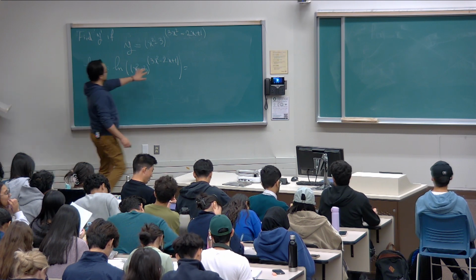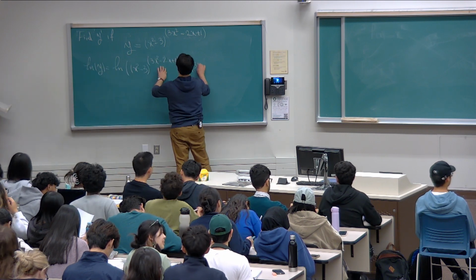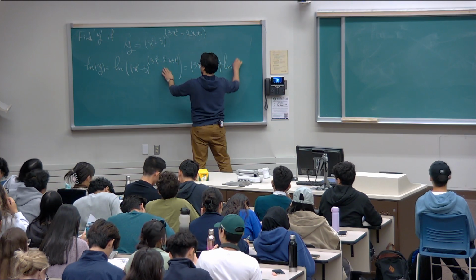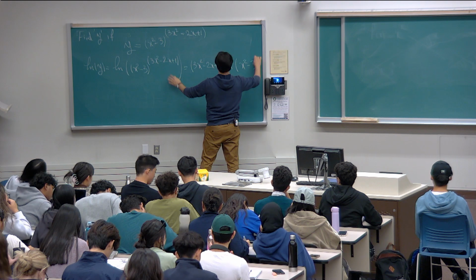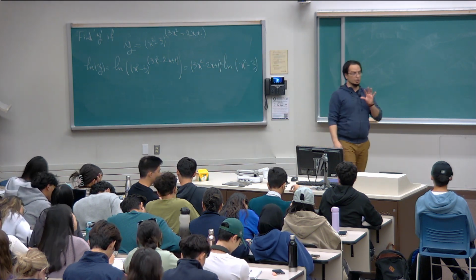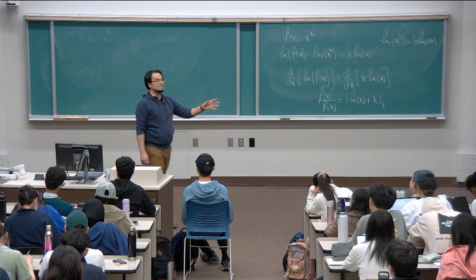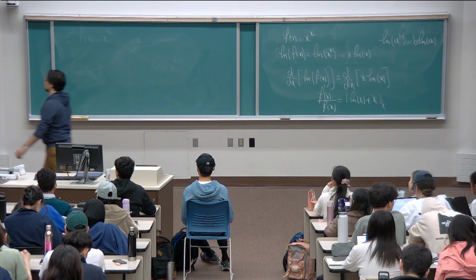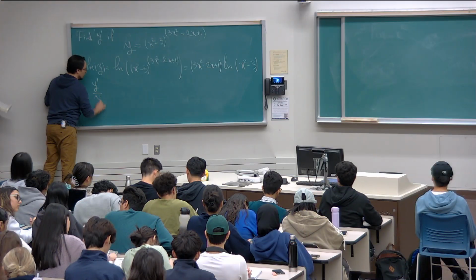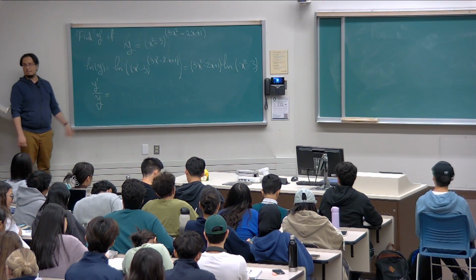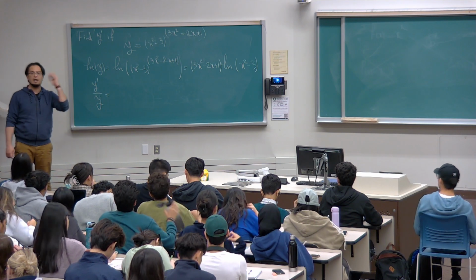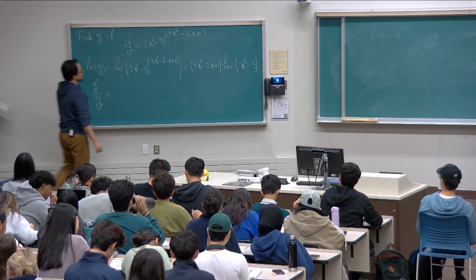Here, simplification will give me this. So I took the ln of both sides and simplified. Now I differentiate both sides. On the left-hand side, you will always get something like this: y prime over y, f prime over f, or whatever the function prime over the function.